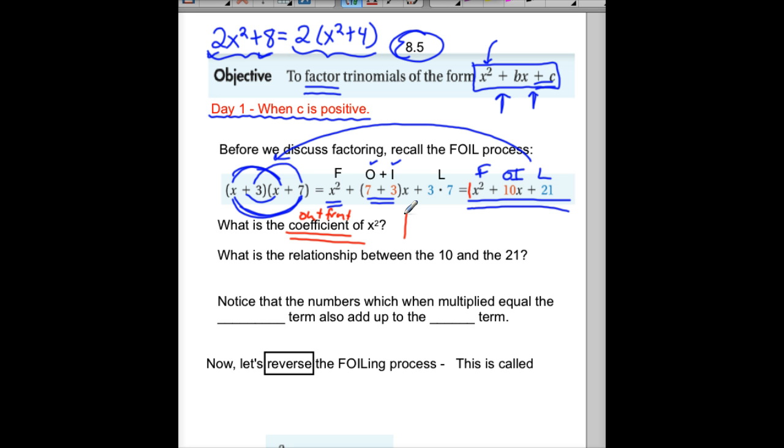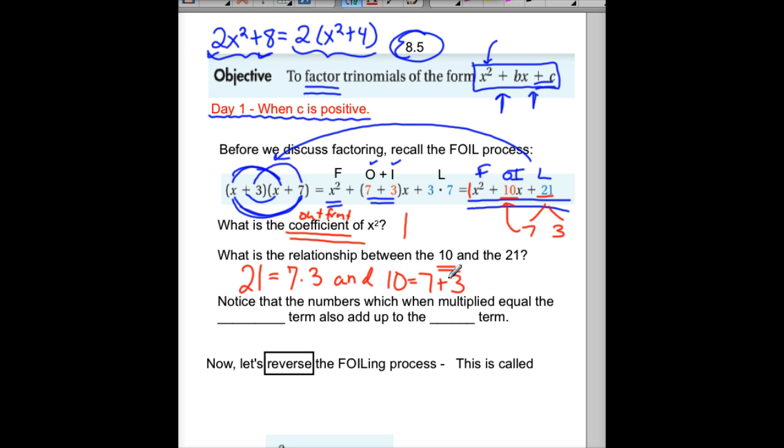What is the relationship that you're seeing between this 10 and this 21? And you should notice that the 21 is 7 times 3, whereas the 10 is 7 plus 3. So we should note that 21 is 7 times 3, and the 10 is what we get when we add those same two numbers.